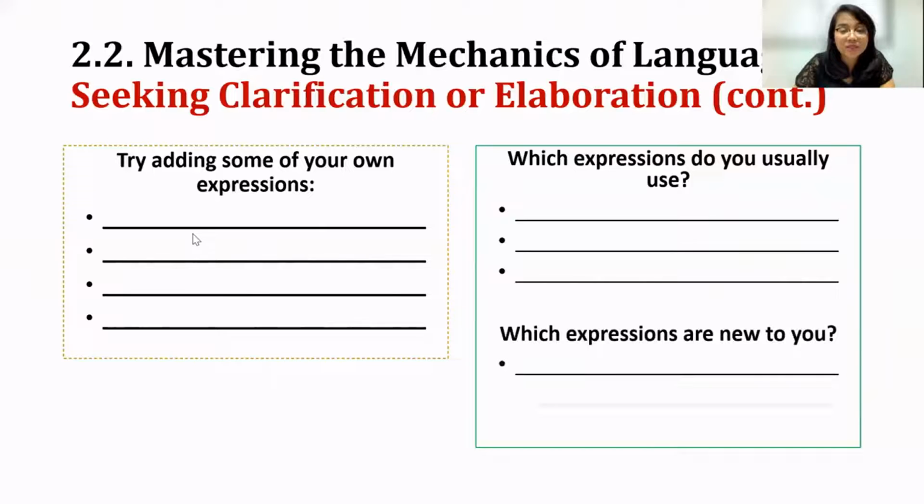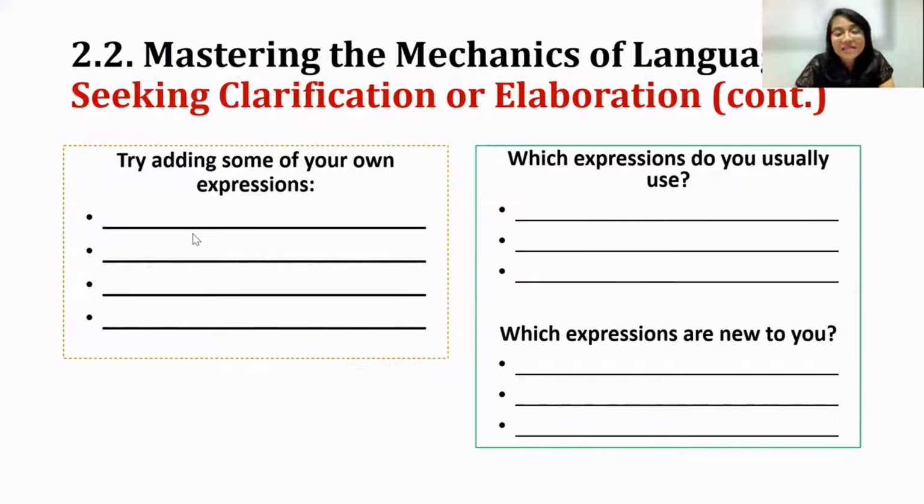There are two questions in the green box, the same questions as the previous slide. From the list of expressions about seeking clarification or elaboration on the previous slide, I want you to group them into the expressions that you usually use, that you are already familiar with, or that you have frequently used.